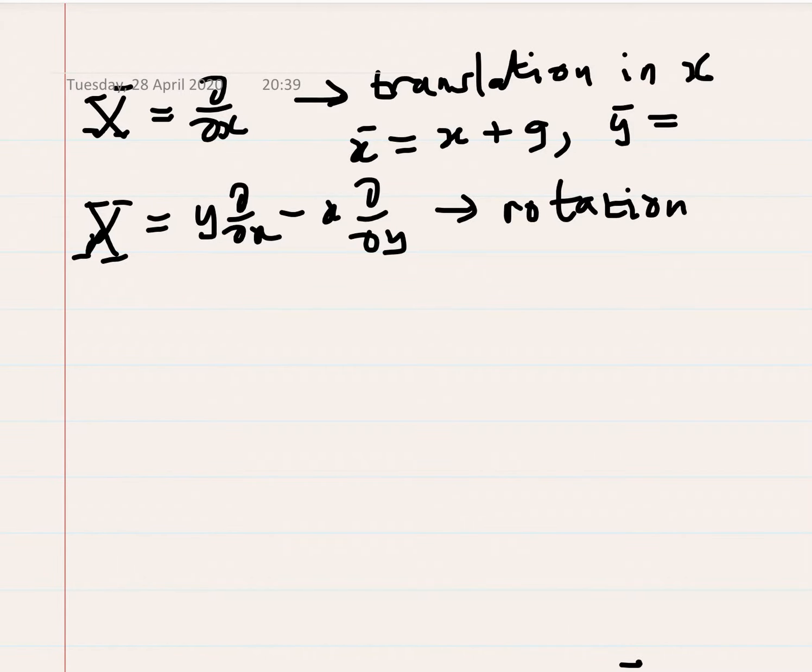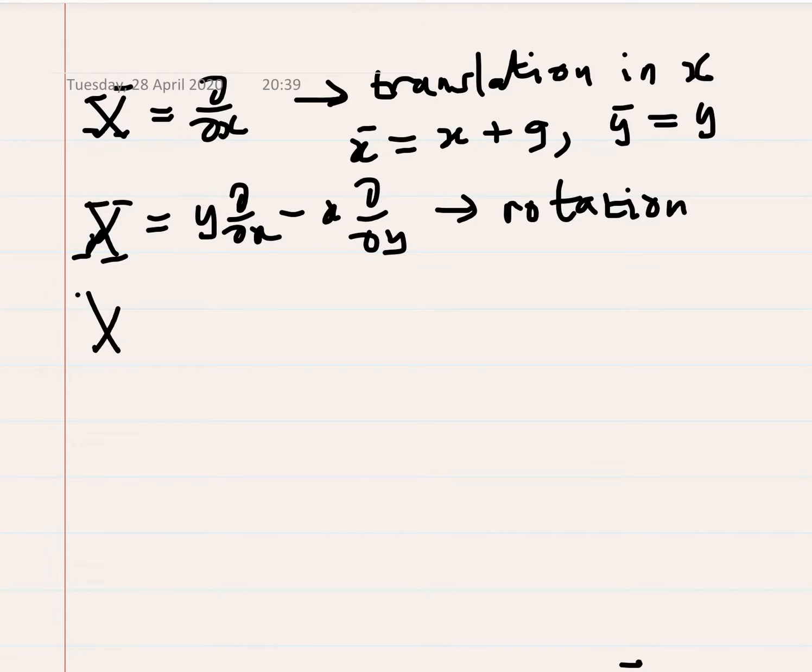And remember, this one was g star on xy being x bar, y bar, where x bar was x cos g minus y sin g, and y bar was x cos g plus y sin g, or something in that direction.